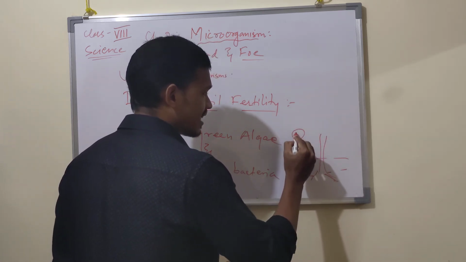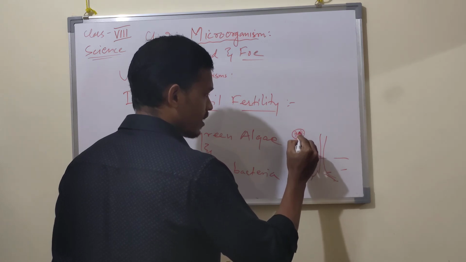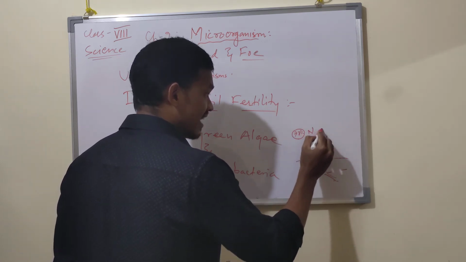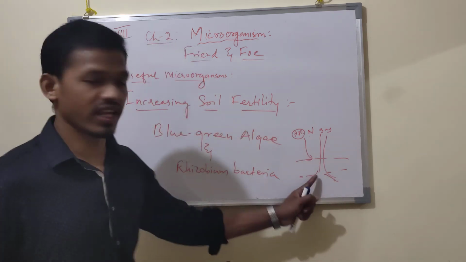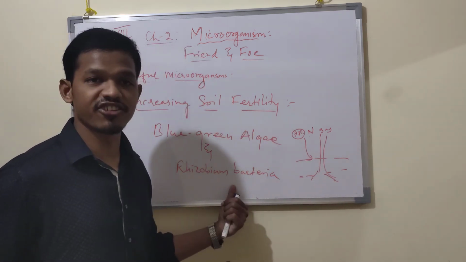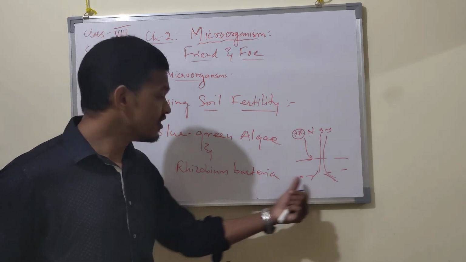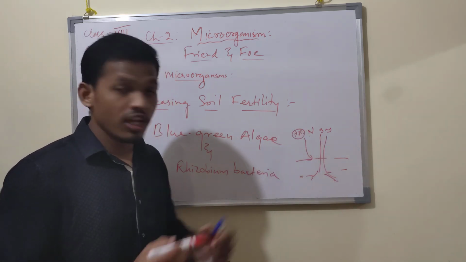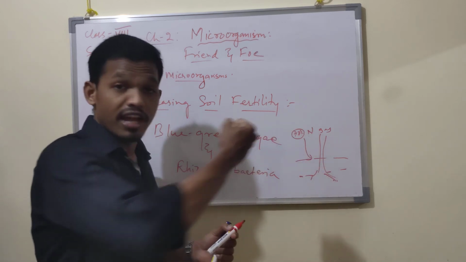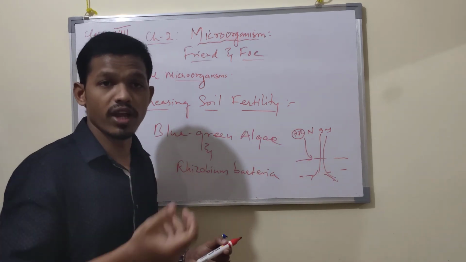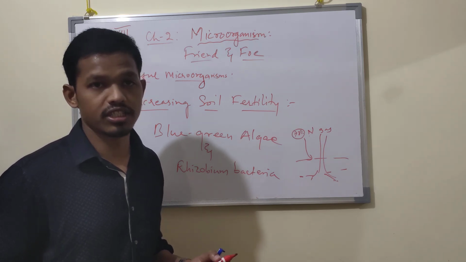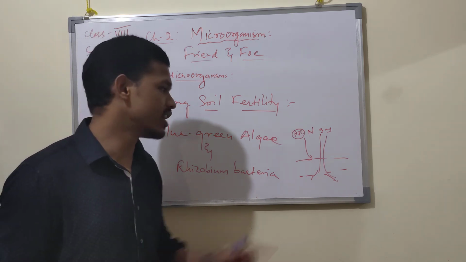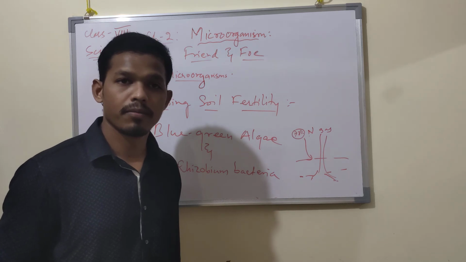The air contains 78% nitrogen. This nitrogen gas can be fixed in the soil with the help of rhizobium bacteria, which convert it into a nitrogenous salt, a nitrogenous compound, which can be utilized by the plant.